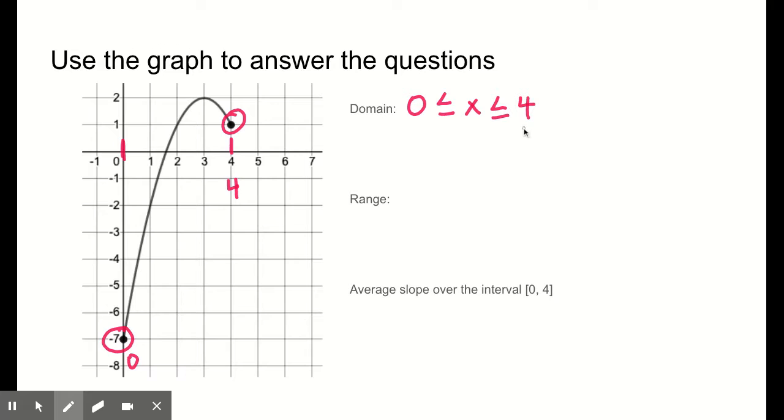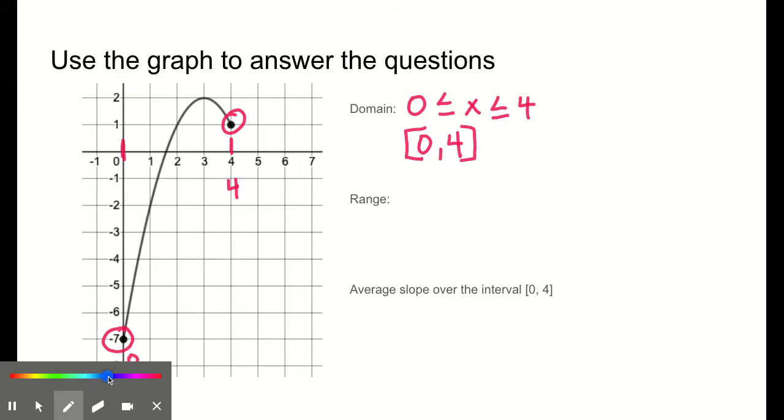You have to make sure that whenever you write an interval, whether it's the domain, the range, or the increasing and decreasing intervals, your smallest value always goes first. In interval notation, we're going from 0 to 4. And because they're both equal to at those two values, that is why we use brackets. So that is our domain.